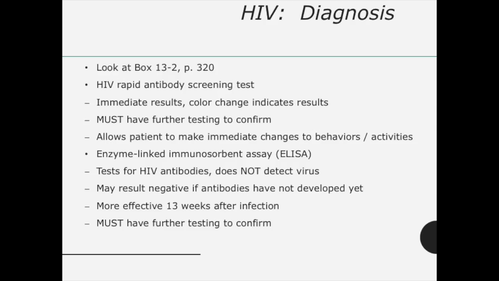It doesn't detect the virus, and it may result as a negative if the antibodies have not developed yet. So it's most effective 13 weeks after the infection. So even if this is positive, they still have to have further testing to confirm a diagnosis of HIV.